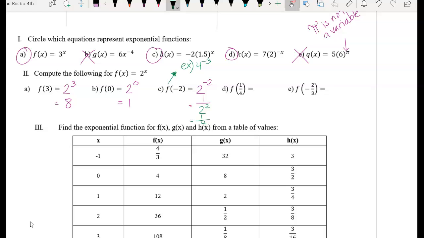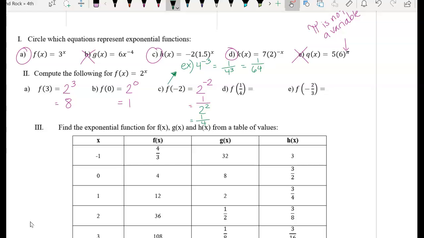I create a fraction and I put 4 to the power of +3 in the denominator. Any questions on the negative exponent rule?